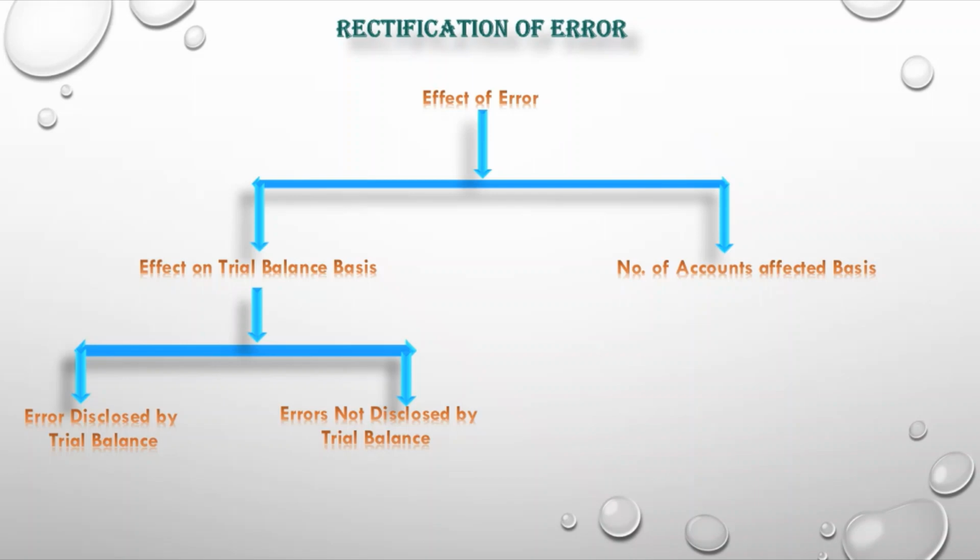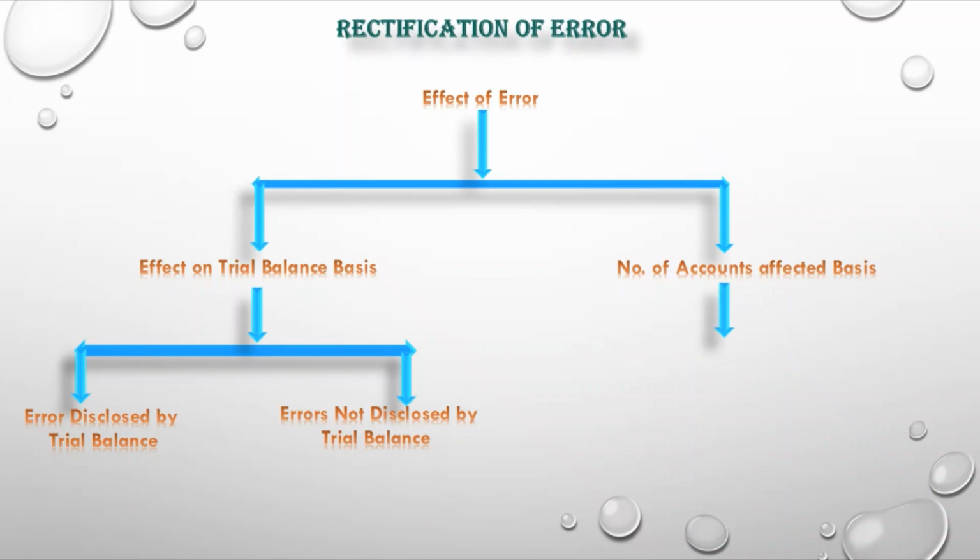The errors disclosed by the trial balance are error of principle and compensating error. But the two errors that are not disclosed by the trial balance are error of omission and error of commission that I have already discussed.